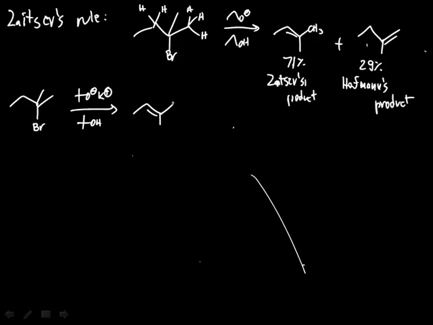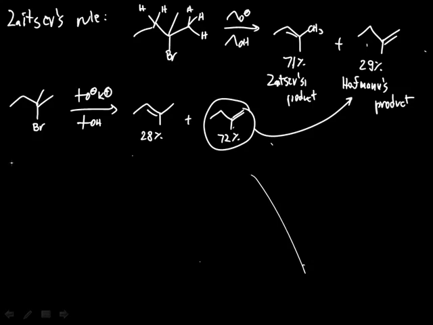So in the case of t-butoxide, the same reaction, we switch this, and now the Hofmann product predominates at 72%, because the attack of the base occurs at the less sterically hindered position.